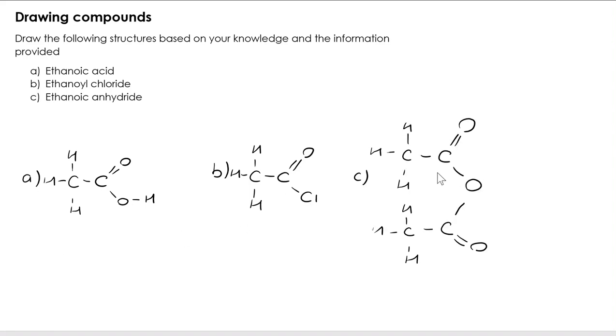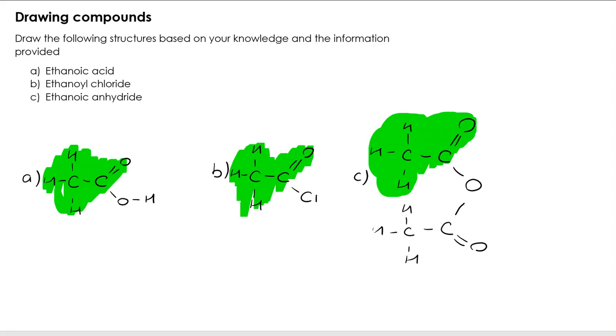Now, ethanoic anhydride, we've got our CH3COO, and then we've got a COCH3 down here. But I want to point something out, that if I highlight a key bit here, they're all derived from the same root. On a carboxylic acid, you have an OH bonded to the C with a double bond O. In an acyl chloride, you have a Cl bonded to that same carbon, and in an acid anhydride, slightly more complicated, but there's a clue in the name, 2 ethanoic acids have combined together.